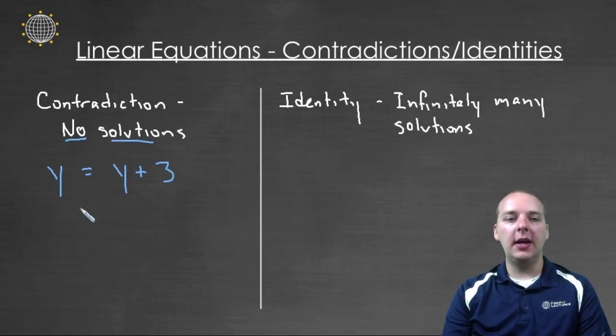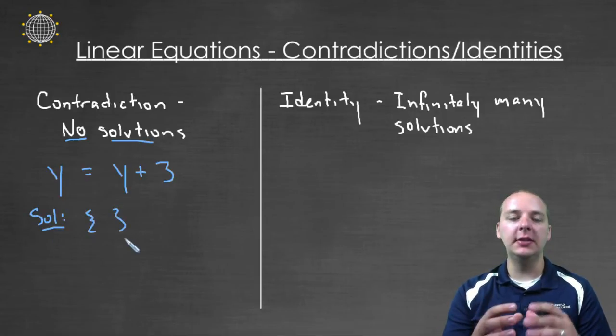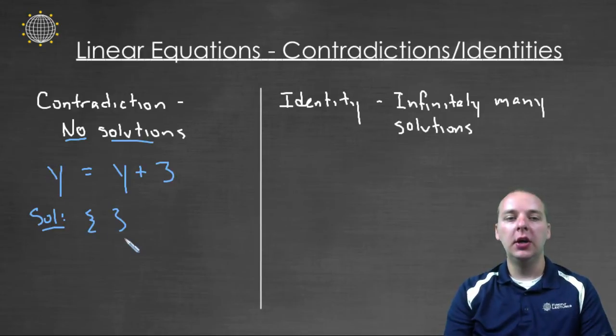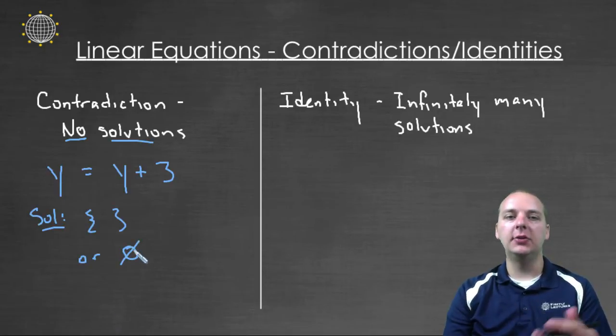The way you could say that is, for the solution, you could either write the empty set, which is the curly braces with nothing inside, and that tells the reader that there's no solutions. Or you can write the symbol for the empty set, which is a circle with a slash through it, and that tells the reader you've got a contradiction.